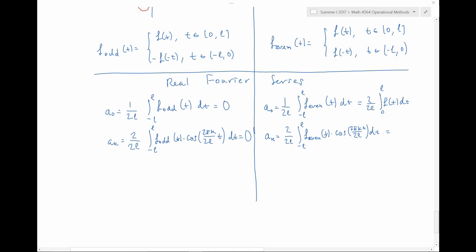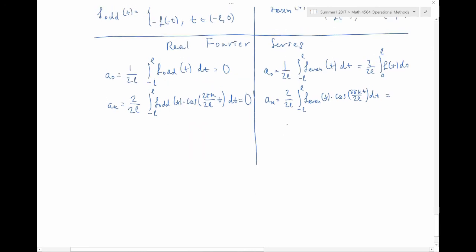But again, even times even is an even function, so this is the same as 2 times the integral over the interval from 0 to L only, and f even of t over that interval is just the same as f of t. And it seems like this formula is just the formula for the cosine series.